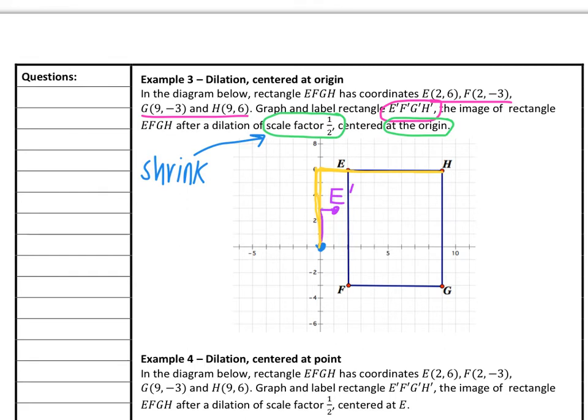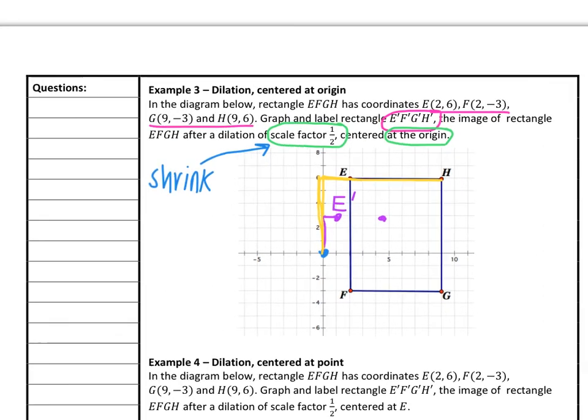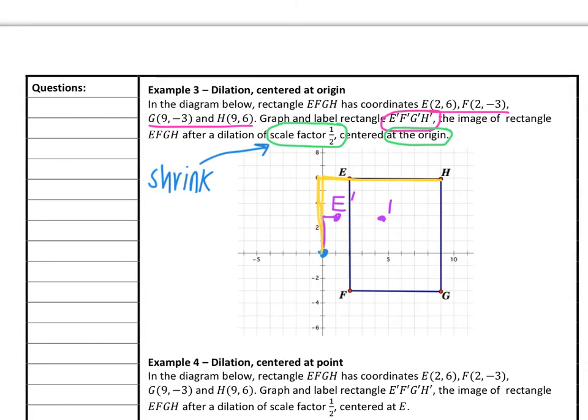So again, I'm going to go up 3 over 4.5. 1, 2, 3, 4 and a half. So my point should be right about there. So I don't get this too messy, I'm just going to put a dot there. That's H prime.